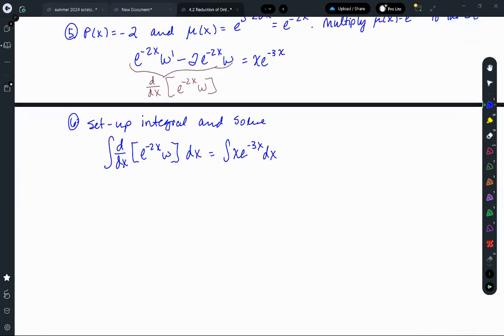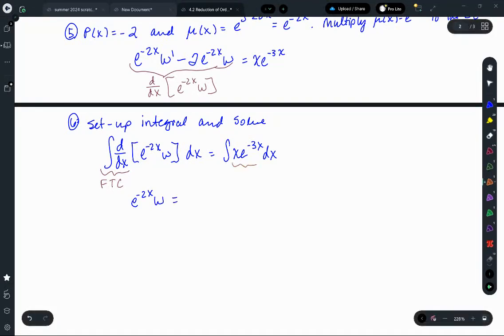Now on the left-hand side, we have the fundamental theorem of calculus, of course, which tells us that the integral of the derivative, those two undo each other and leave behind the argument, e to the minus 2x w. And on the right-hand side, we have a u substitution, not a u sub, we have an integration by parts.